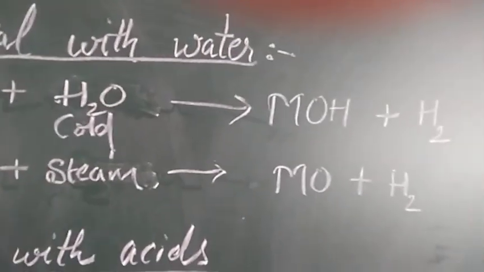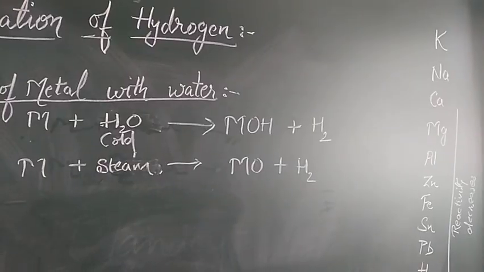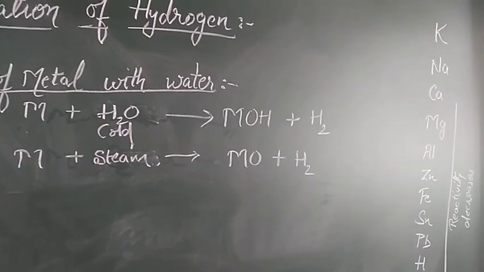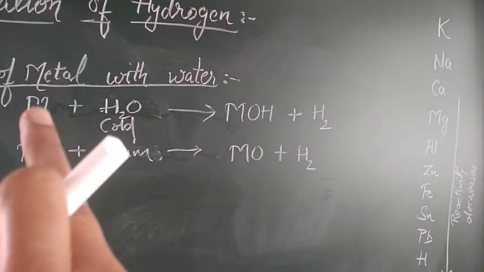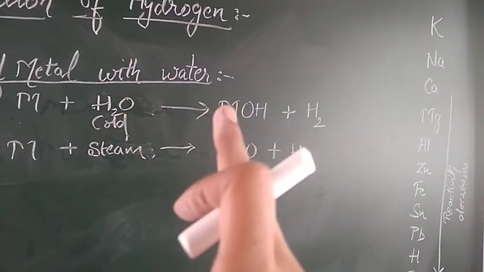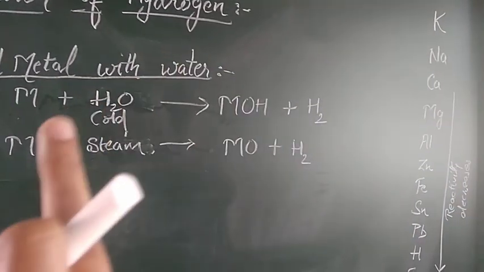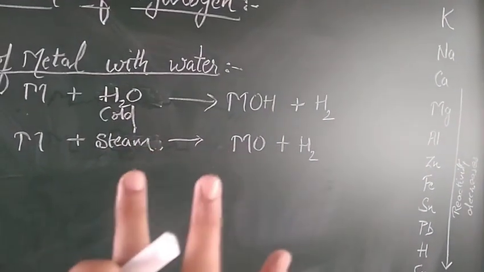Let's see the reaction also. We take the highly reactive metal, potassium, symbol K. Because it is highly reactive, we need cold water, no need for steam.